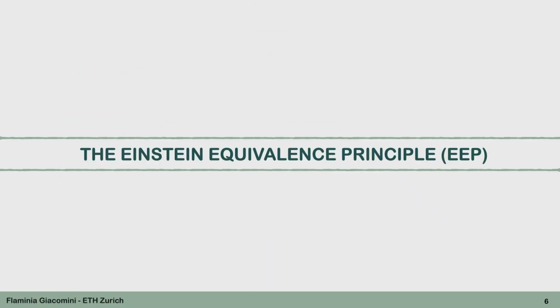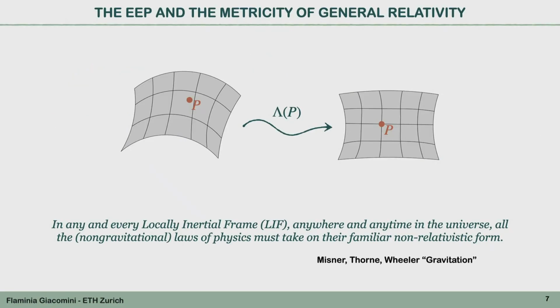Okay. So what is instead the Einstein equivalence principle? This is a different statement that, again, in one of the most common formulations, says that in any and every locally inertial frame, anywhere and any time in the universe, all the non-gravitational laws of physics must take on their familiar non-relativistic form.